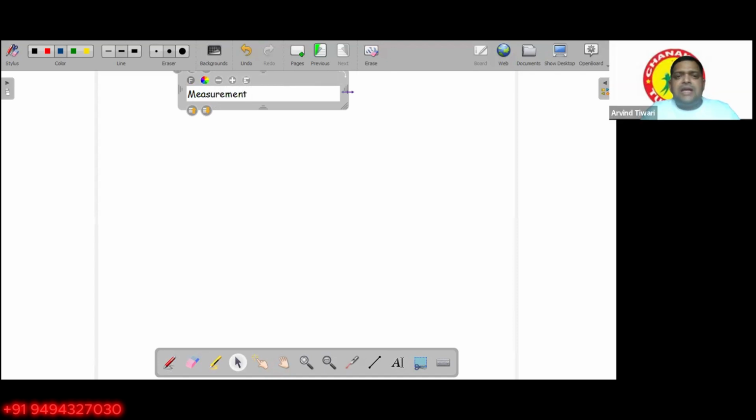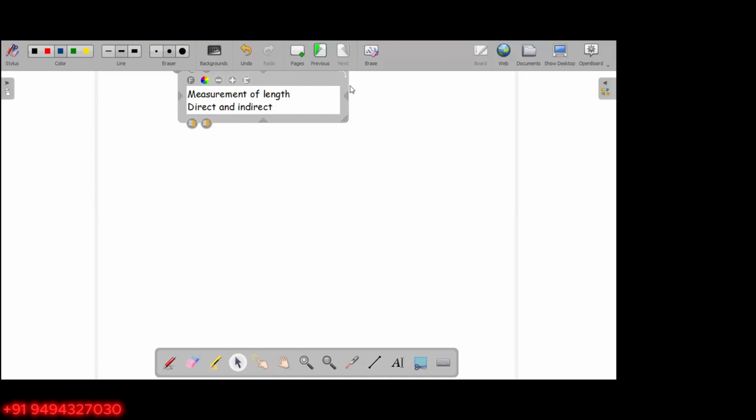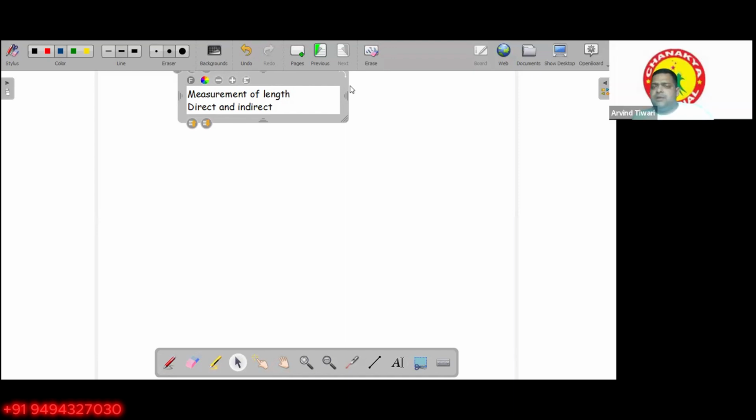Where can we use direct measurement? Suppose you are told to measure the length of a table. You will use the direct method of measurement.